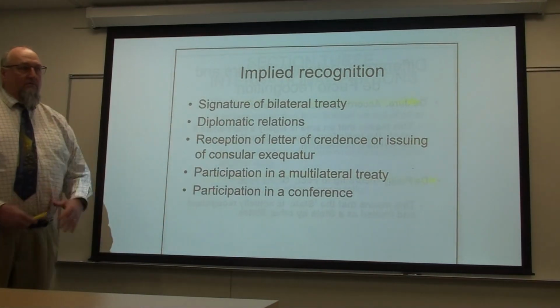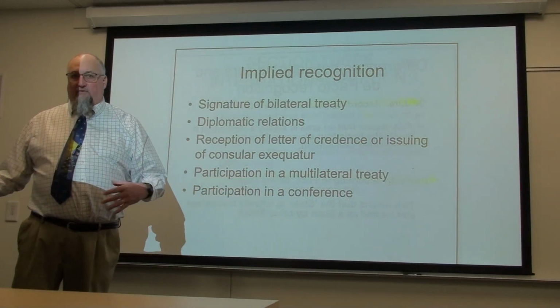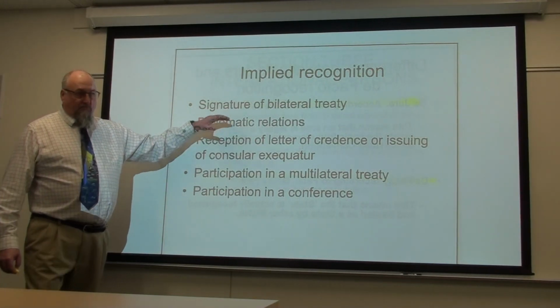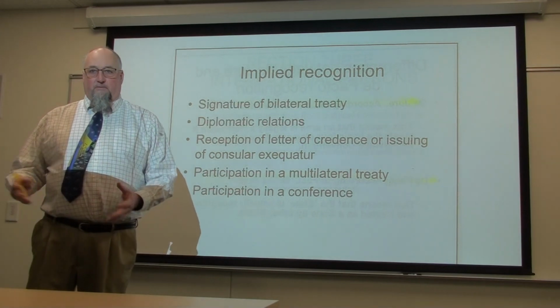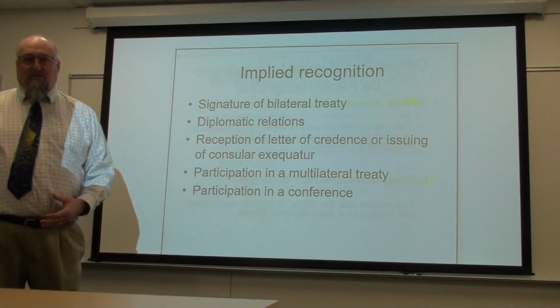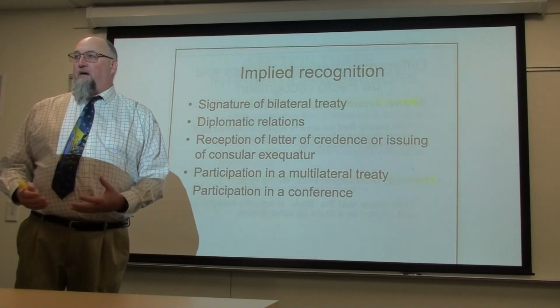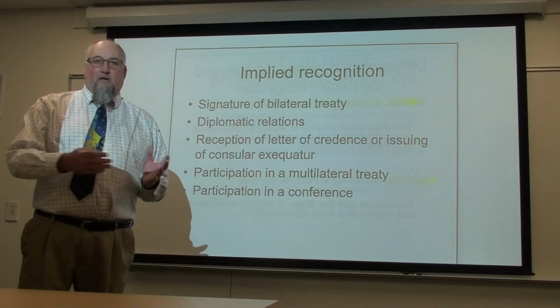Implied recognition, in other words, these types of actions between sovereigns. Entering into a bilateral treaty, two-sided treaty with another state, implies that the state is being treated as a sovereign. Treaties can only be concluded or created by states. So by entering into a treaty, you have to be a state to begin with.